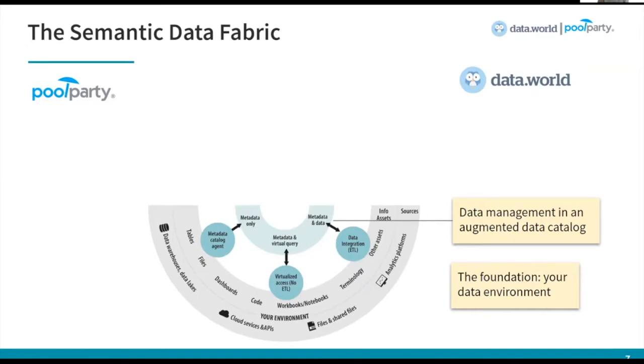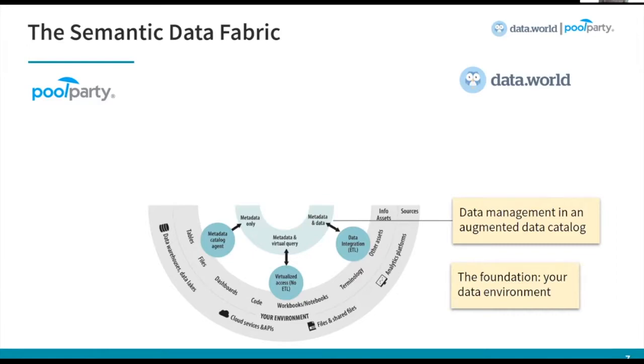So catalog agents automate the process of extracting metadata from various systems and collating them into a data catalog. Data can be integrated in the data catalog via ETL processes. Data can also be integrated in a virtualized fashion where the data stays in place with the existing data systems, but is managed as if it would be directly integrated into the data catalog.